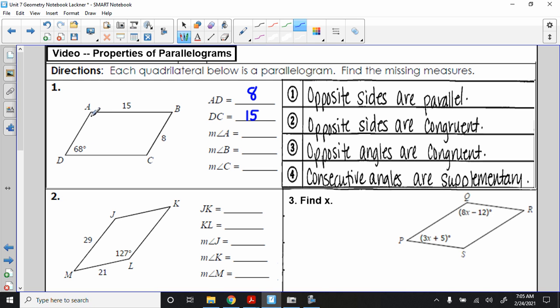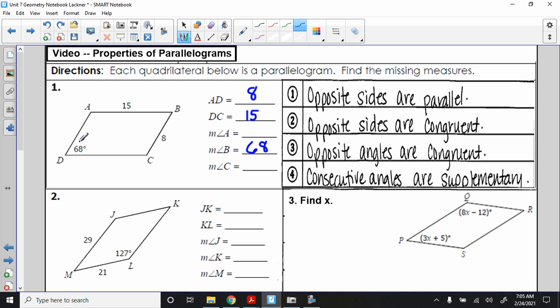Let's not go to A, but let's go to B. Opposite angles. Okay, these are opposite. They kind of point to each other. Opposite angles are equal. So now let's look at angle A. Here's our property number 4, consecutive angles.